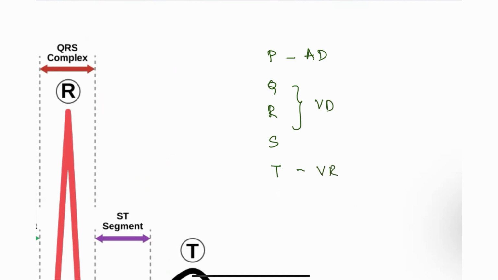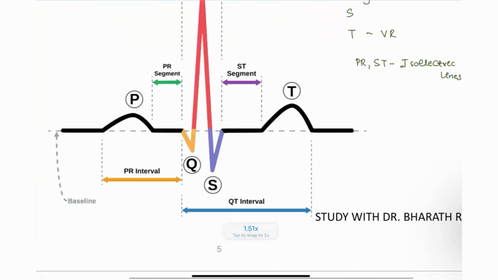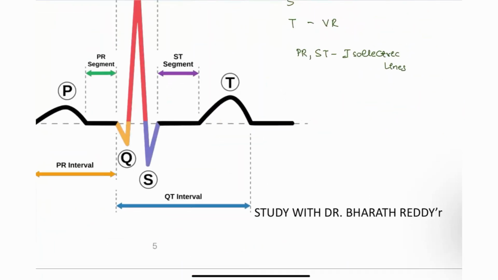Next, moving on to the PR segment and ST segment, these both are isoelectrical lines. Next, what are the intervals? The intervals present are the PR interval, RR interval, and QT interval. These three are the intervals.